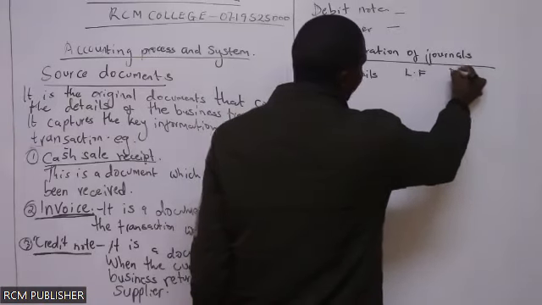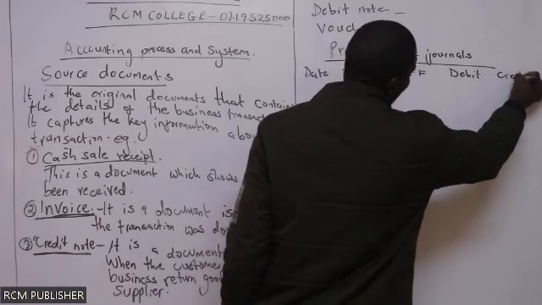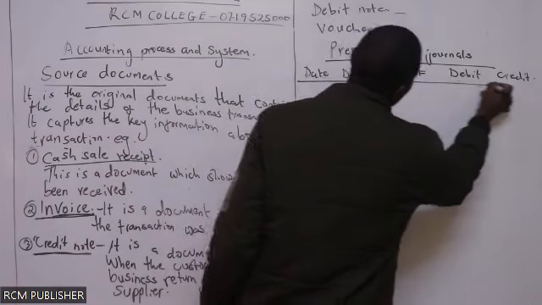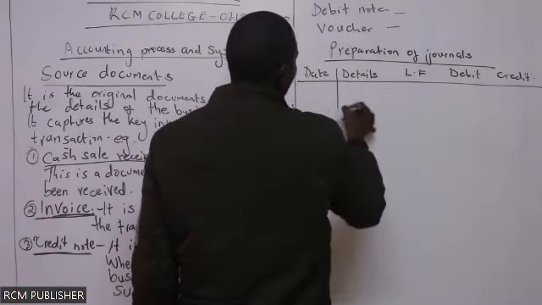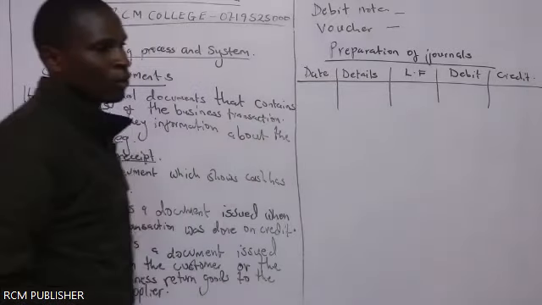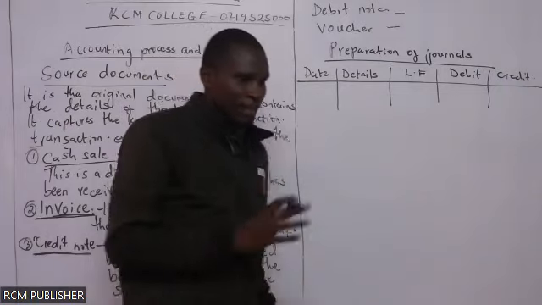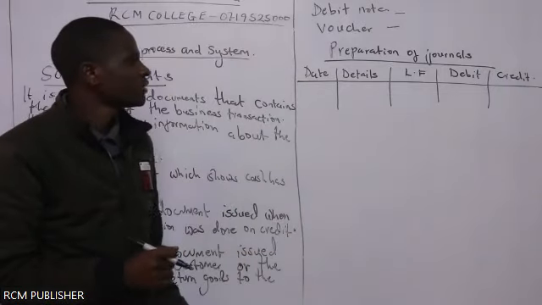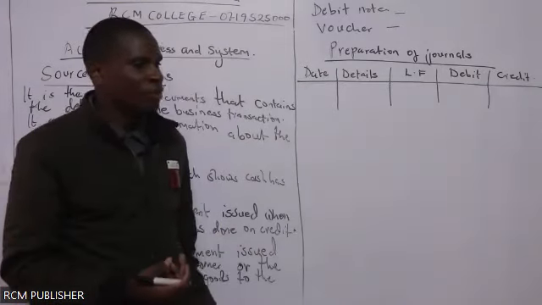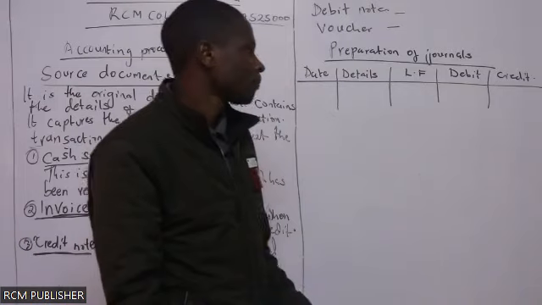Then we have the debit column and credit column. So by the end of this, you will be able to prepare a journal. That is the format: the date, the details, the ledger folio, and then debit and credit.